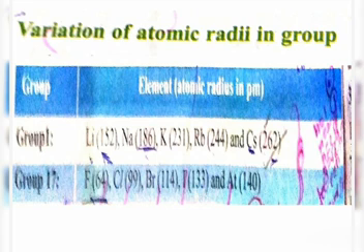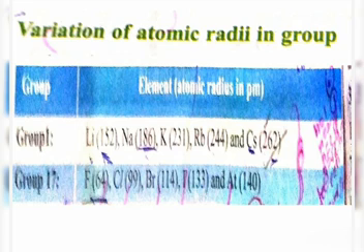Therefore, to accommodate more electrons, more shells are required. As a result, the distance between the nucleus and the outer shell of the atom increases as we go down in a group, in spite of the increasing nuclear charge.